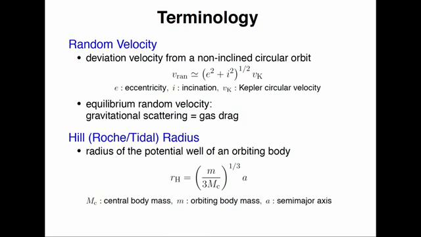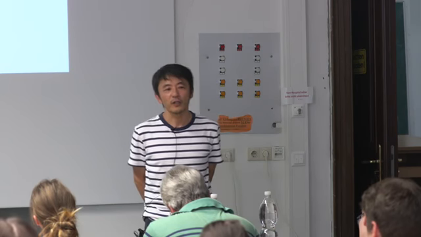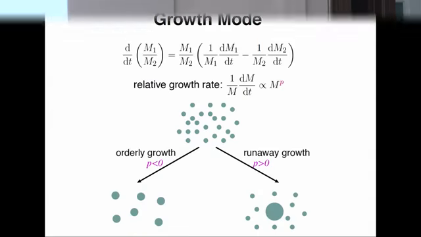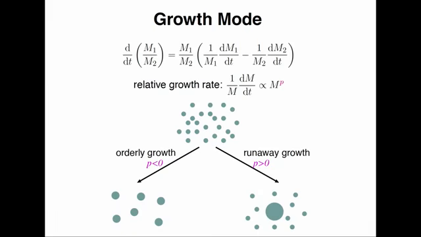Okay, so now let us consider the growth modes of planetesimals. Suppose we have two planetesimals with masses m1 and m2. Initially m1 is larger than m2, let's assume. The time evolution of this ratio is given by this formula, right?